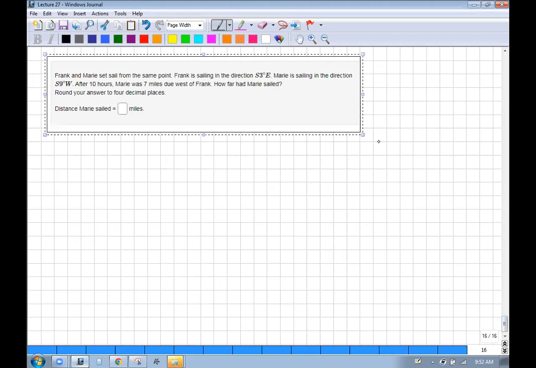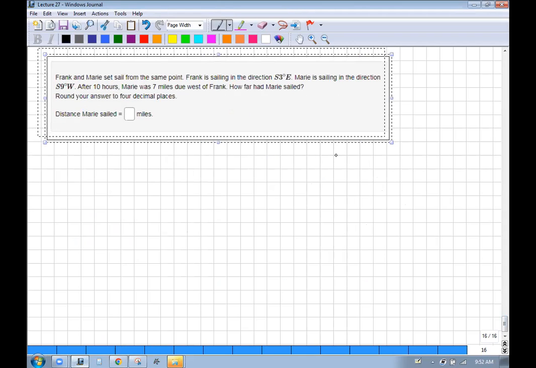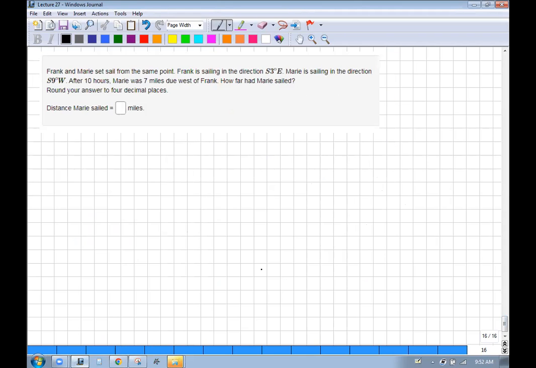Frank and Mary set sail from the same point. Frank is sailing in the direction, what is that? That's south 3 degrees east. Mary is sailing in the direction south 9 degrees west. Okay, let's see. How can we draw this picture? The south, going southeast.